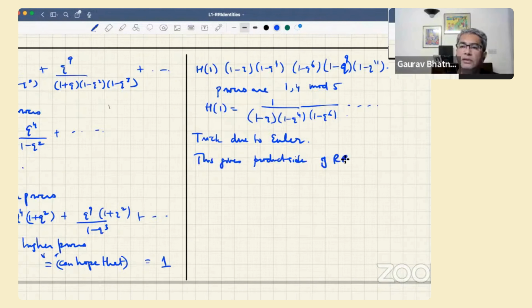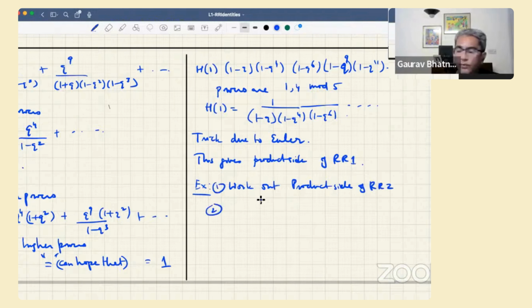Of Rogers-Ramanujan one, and as an exercise, you work out the details of the product side of RR2. And in fact, what I would like you to try is to do the same trick on this series.